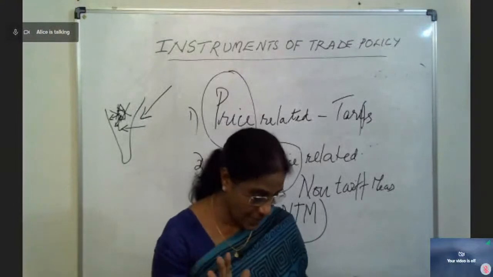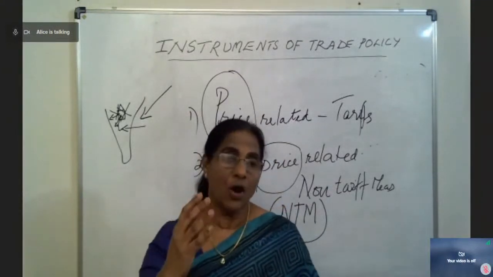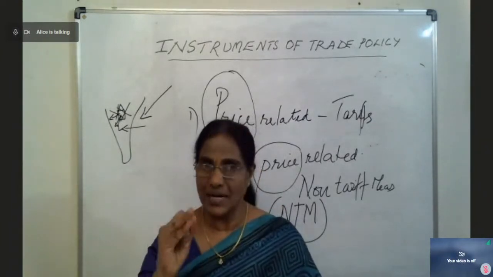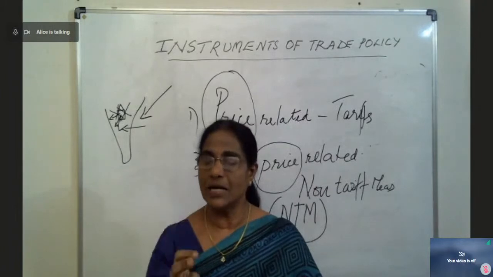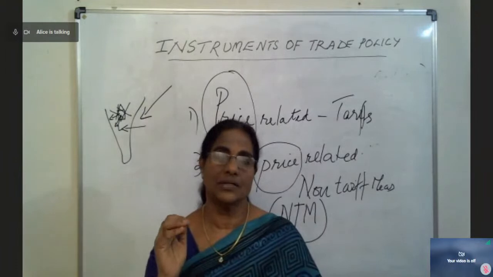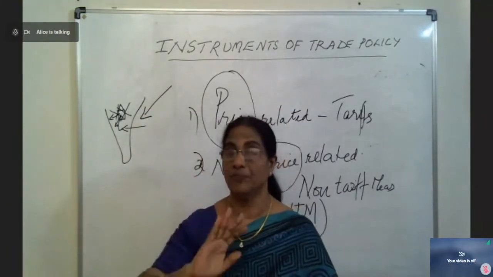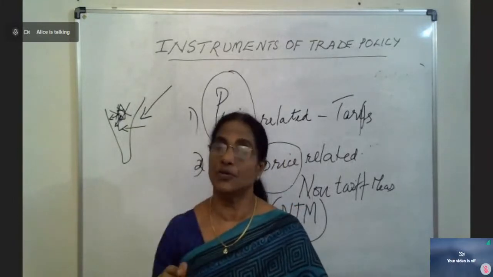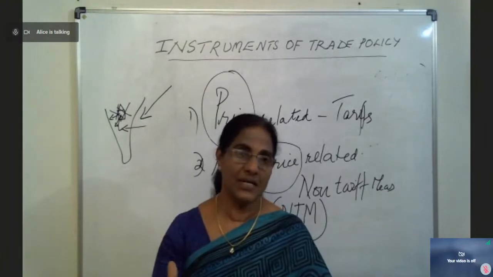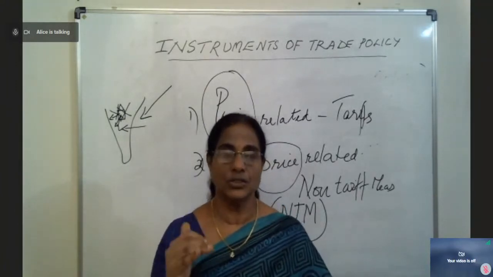So all these classifications, please be clear. That is, what are we studying now? Trade policy. And all countries' trade policy is broadly classified into these. Please remember, this chapter is not specific to India. It is applicable for the entire world. And so, tariff measures and non-tariff measures. These are the two.